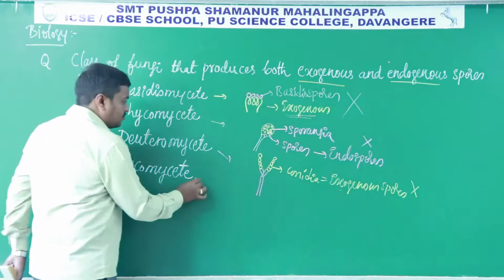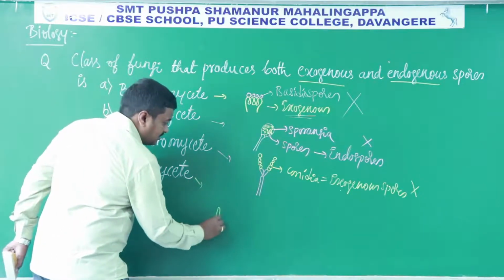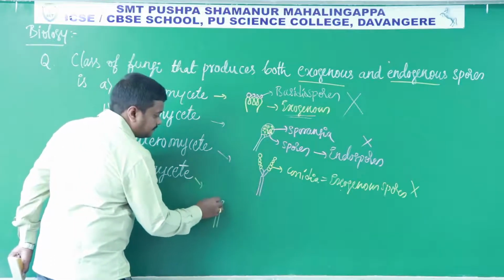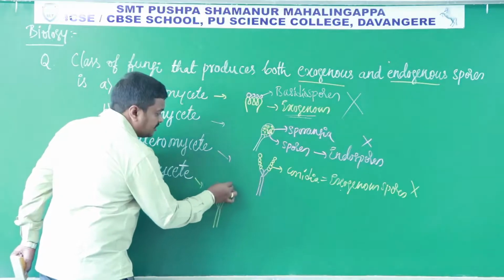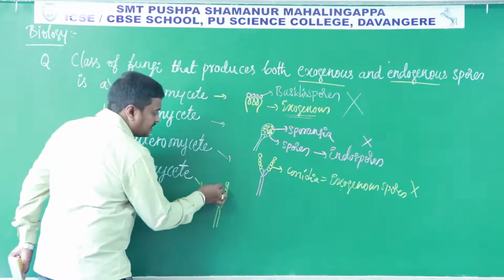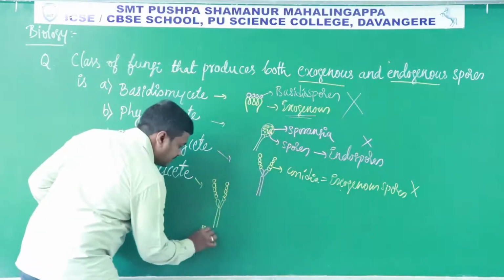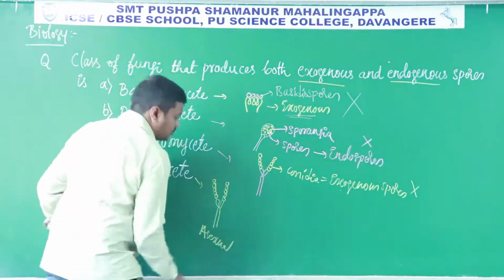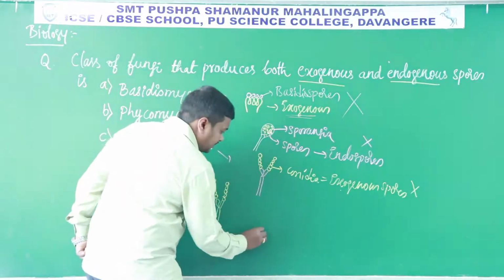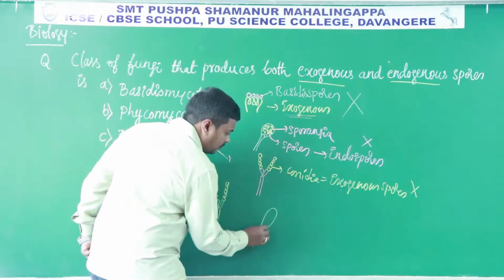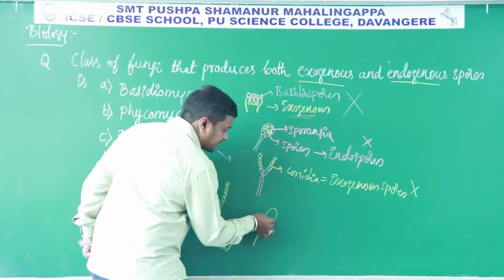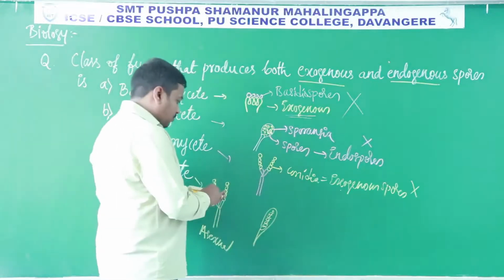If you come to the ascomycetes, like in Penicillium, exogenous spores are also produced by the asexual method. And in the sexual method, spores are produced within an ascus. So within an ascus, spores are produced.